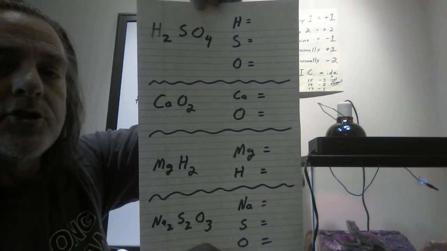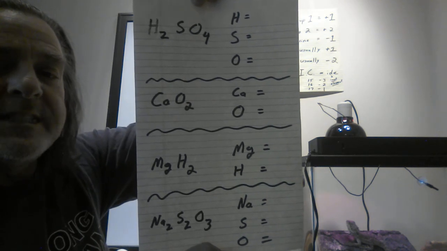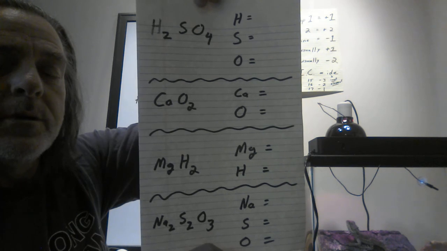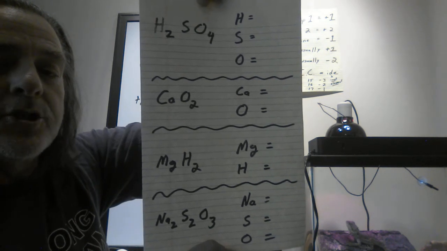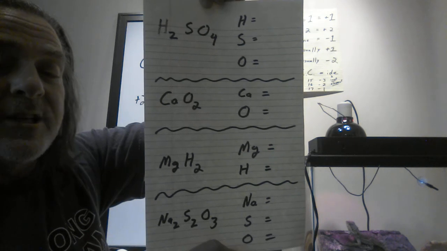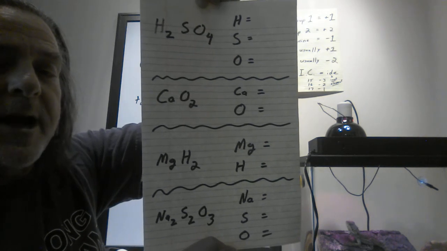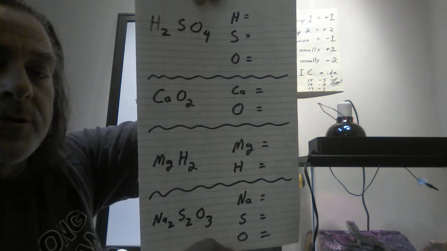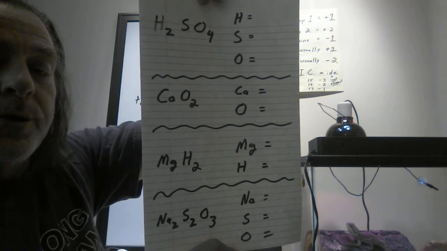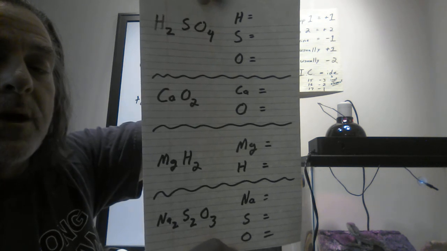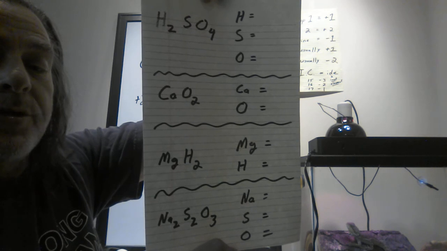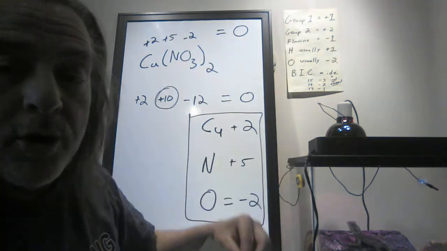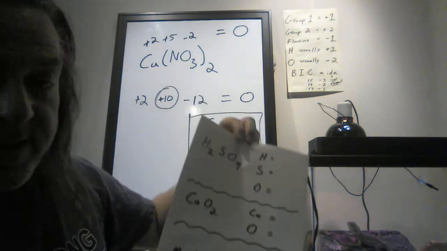I'll repeat, H2SO4. The next one is CaO2. The next one is MgH2. And the last one is the toughest of the batch. I always make the last one in the batch the most difficult. Na2S2O3. I'll repeat, Na2S2O3.